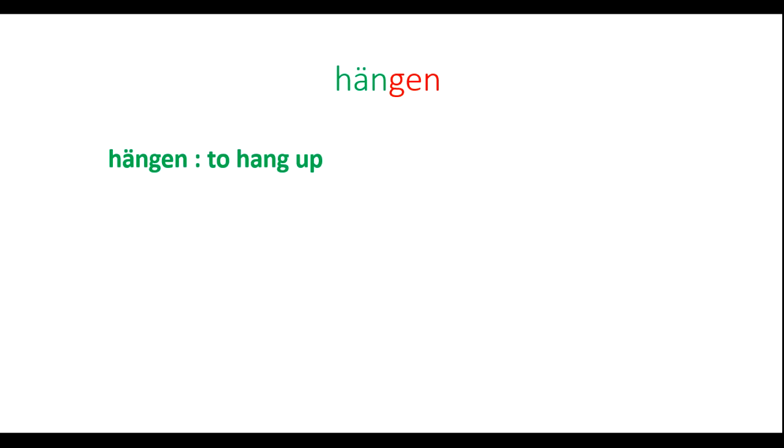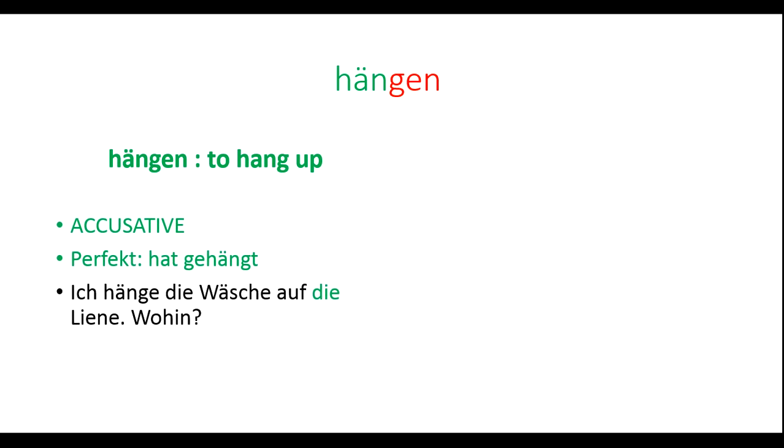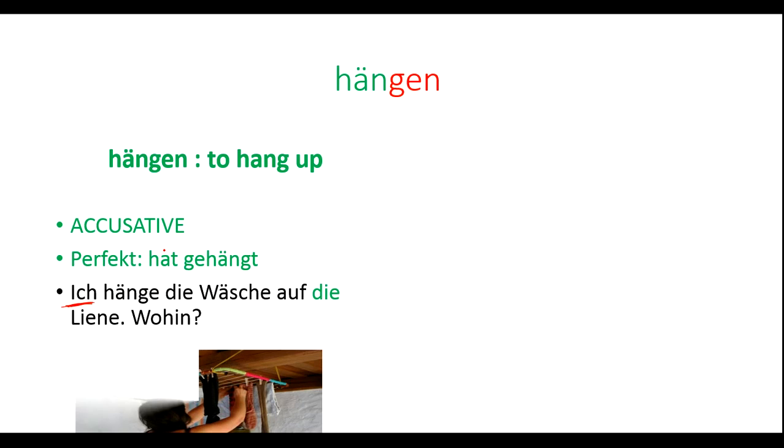This is hängen. Hängen, to hang up. Accusative, perfect is hat gehängt. Ich hänge die Wäsche auf die Leine. Subject, thing or person. Wohin? As I already told you, if you start with a person, it can be action.